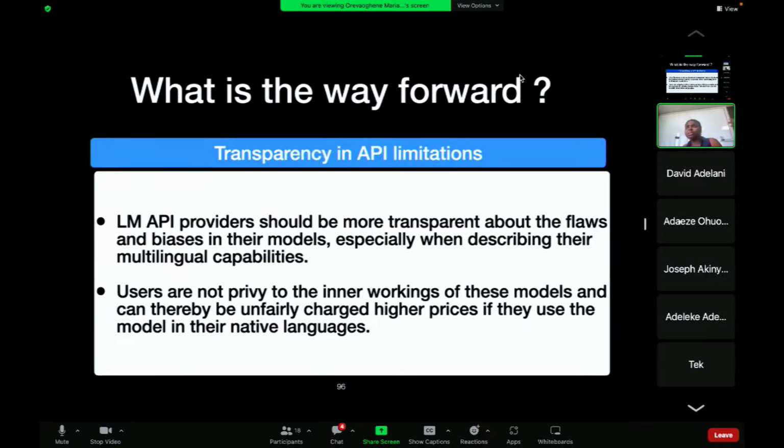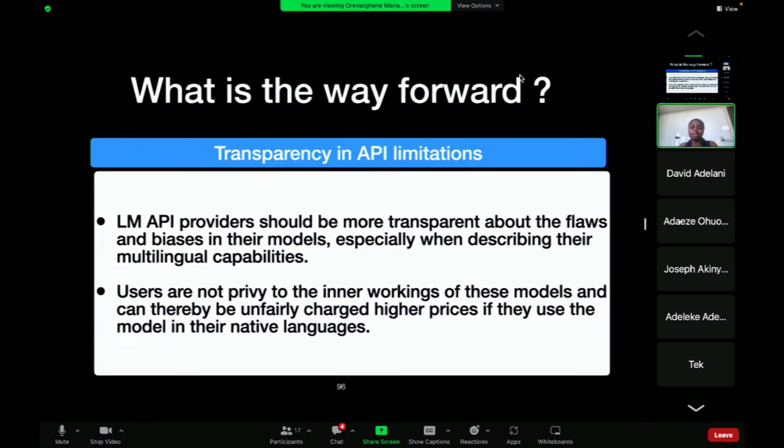And also I think one very important thing to note is transparency in API limitations. Language model API providers should be more transparent about the flaws and biases in their models, particularly when describing their multilingual capabilities. It's not enough to just say our model is multilingual, it works well. Who suffers from it?